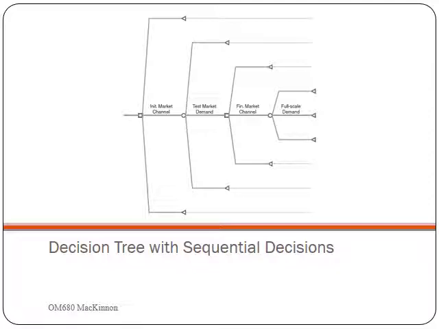As you can see, our initial market decision is a decision. And then we have three levels of demand, which is a chance coming out of a chance node. Then we decide finally on a marketing channel. And then again, based on that decision, we have a series of chances, which represents our full-scale demand. We have not drawn out all of these possibilities.